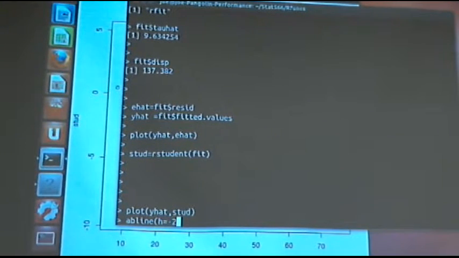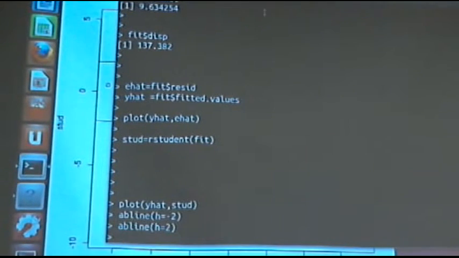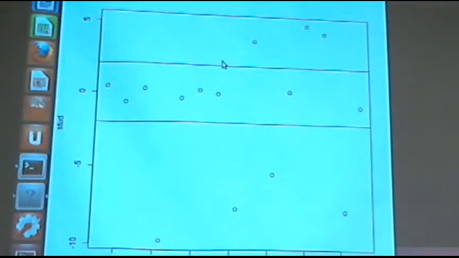Then you can put in these horizontal lines. Actually, they declared out those two lines. That's weird.